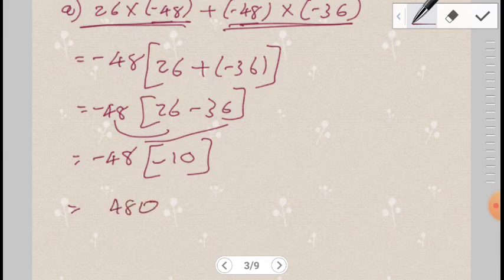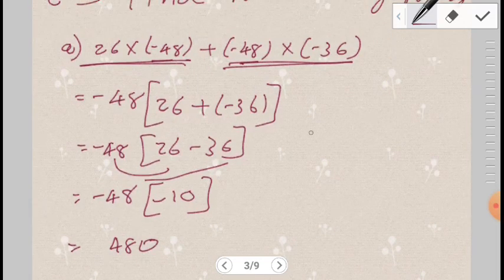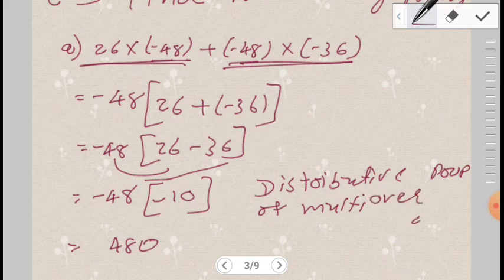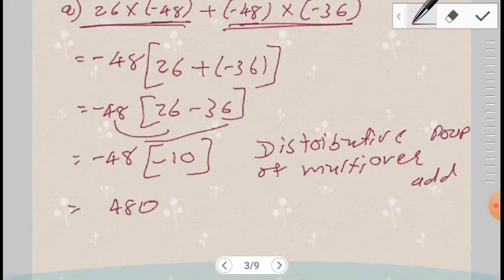But the question is which property is used here? So we have used here the distributive property of multiplication over addition.